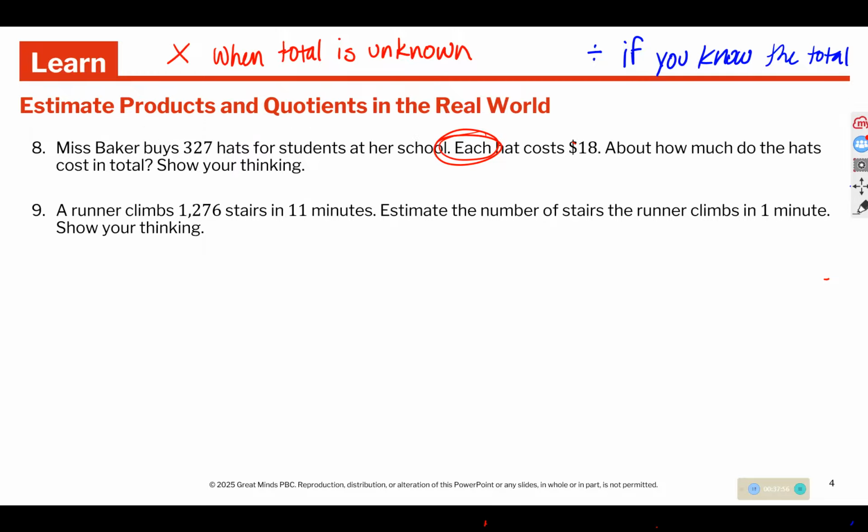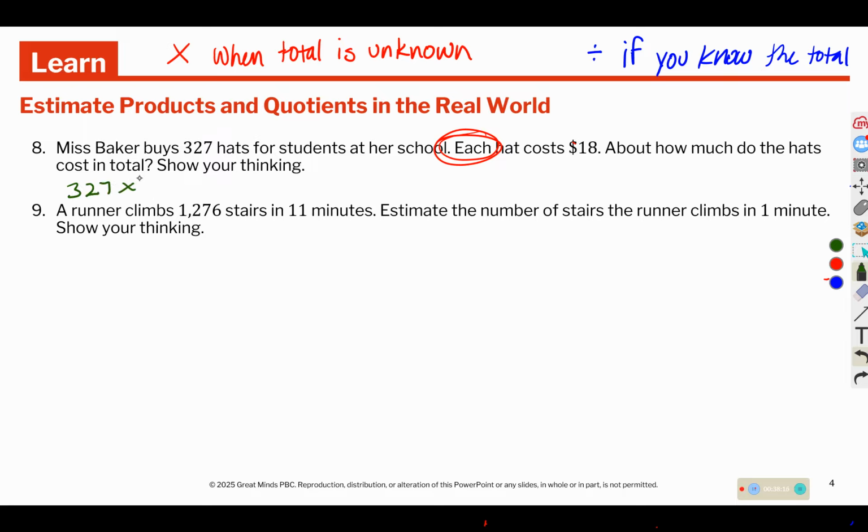I multiply when the total is unknown, and I divide if I know the total. Miss Baker buys 327 hats and they each cost $18, but I don't know the total cost, so I'm going to multiply.